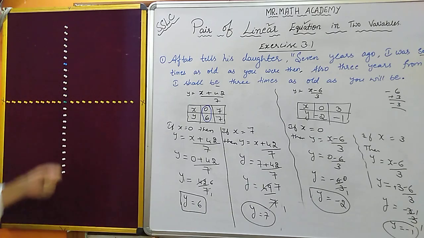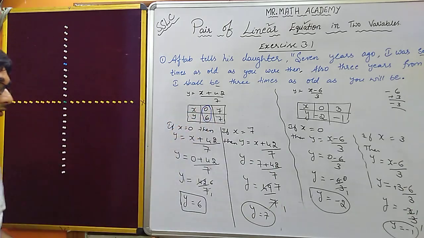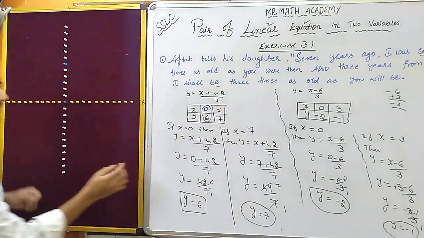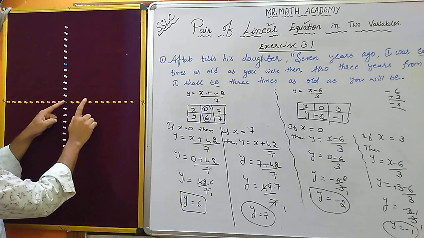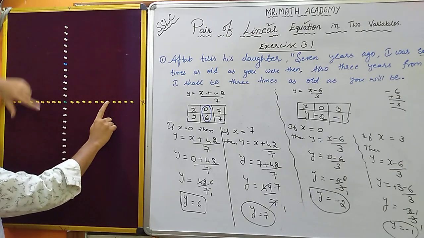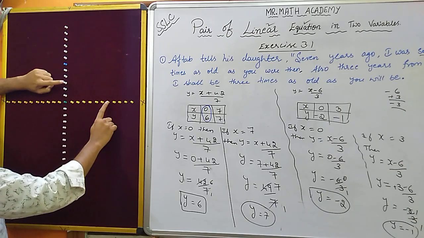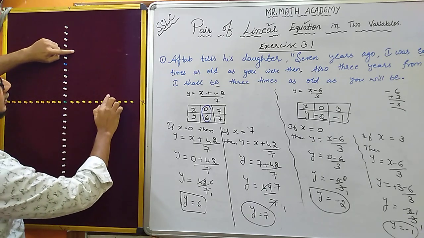Now next, this is the point, don't forget. x is 7, I am plotting this one. x is 7, positive: 1, 2, this is 0, 1 2 3 4 5 6 7. Keep the finger like this. y is 7, positive: 1 2 3 4 5 6 7. So both will come and join here.